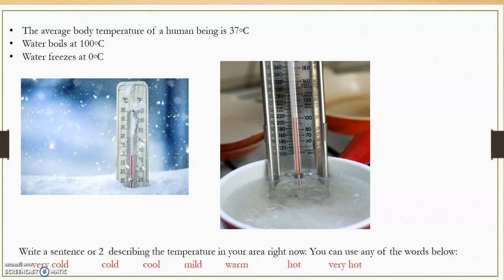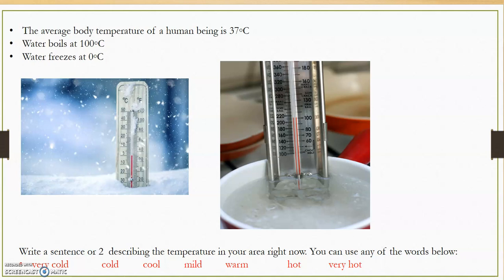When it's cold, the mercury contracts and it's pulled down towards the bulb, and you read the temperature where the mercury has stopped. Alright, so this is how temperature is recorded, and temperature is one of our weather elements.